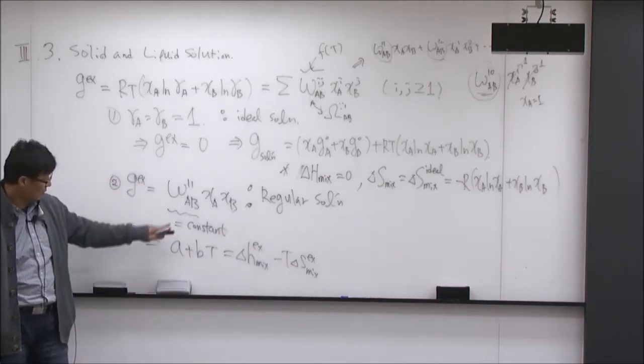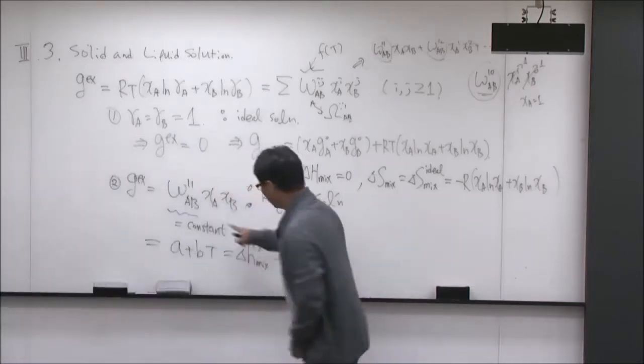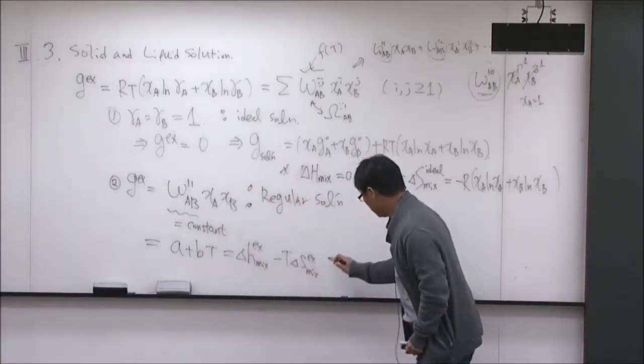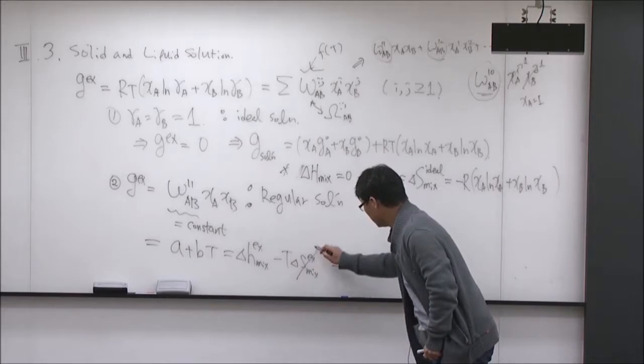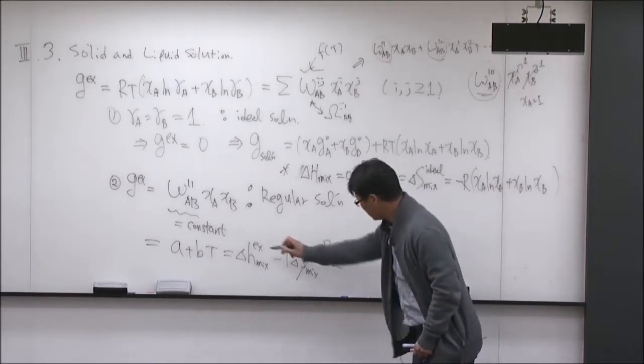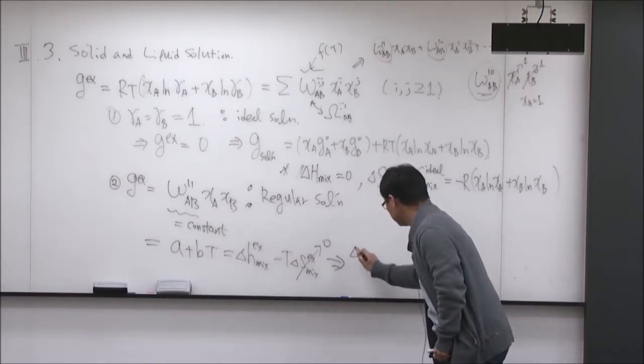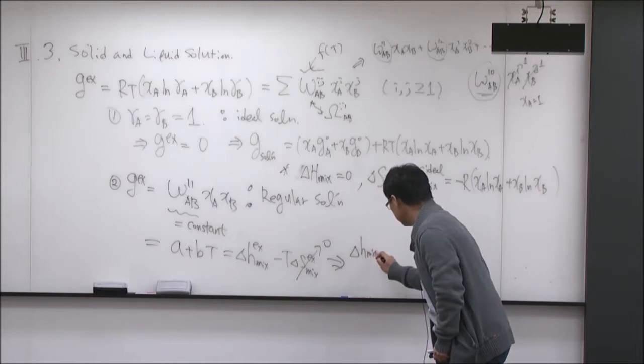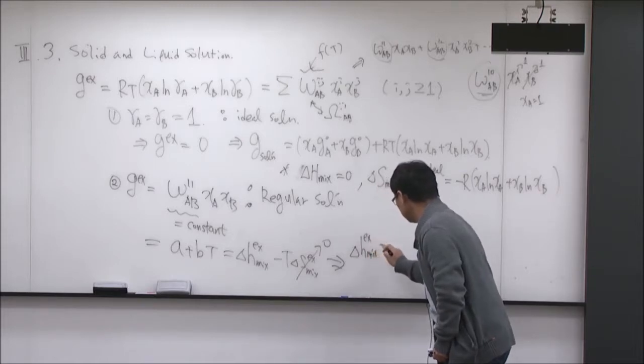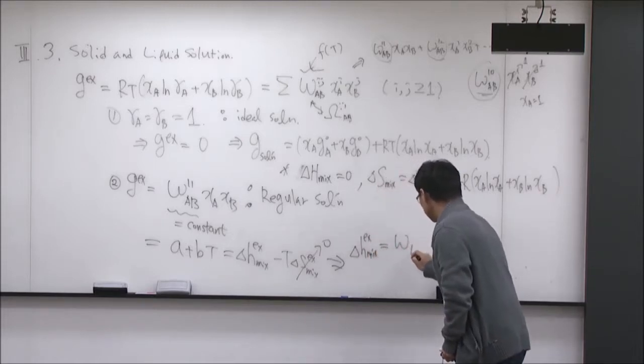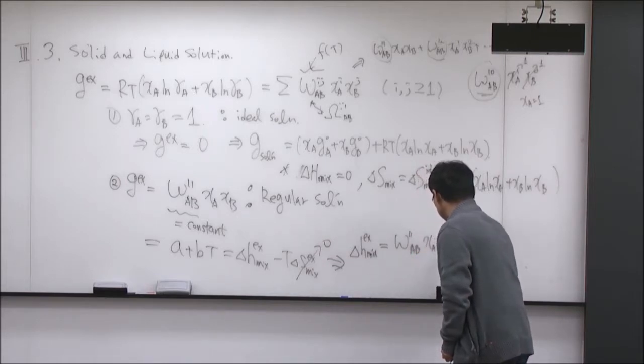Okay. When this is a regular solution, when this is constant, it means this one equals 0, and this delta H mixing excess term is the same as omega AB power 1 XA XB.